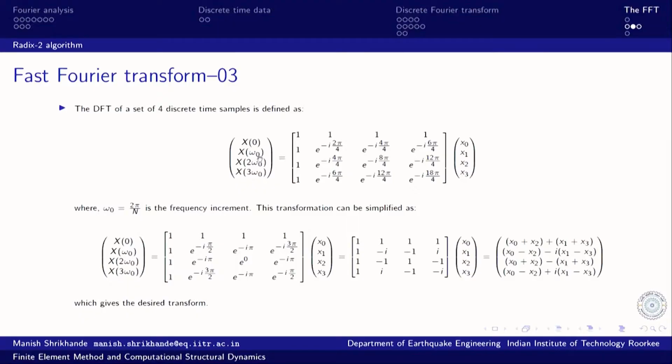So, 4 data points in discrete time samples, and for these 4 discrete time samples, the Fourier transform is given by X of 0, X of omega 0, X of 2 omega 0 and X of 3 omega 0, and that is given by these twiddle factors, the complex exponential matrix and numbers. I am sorry for the small font, because I had to compress the whole thing here.